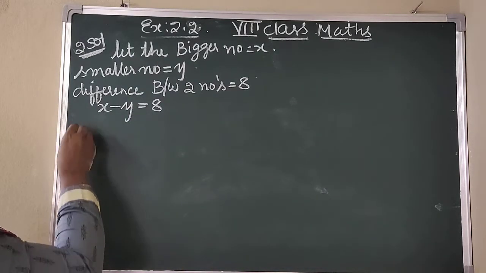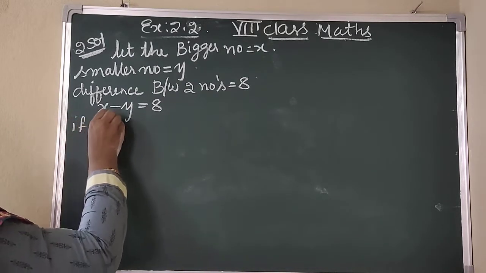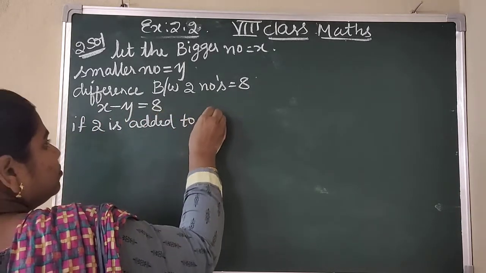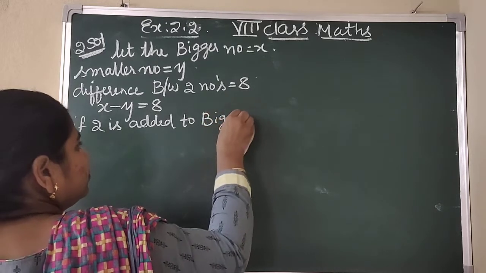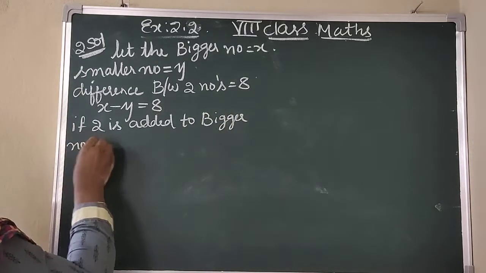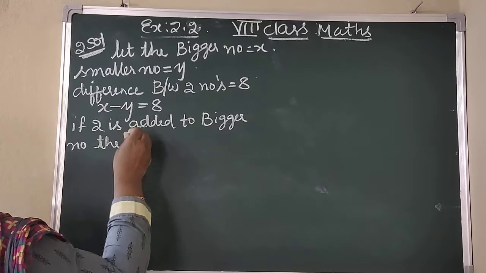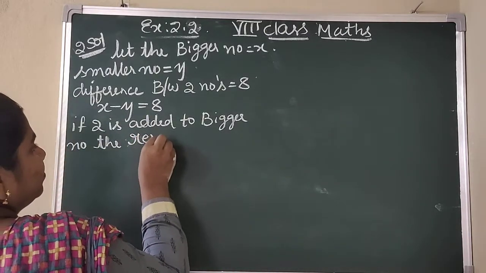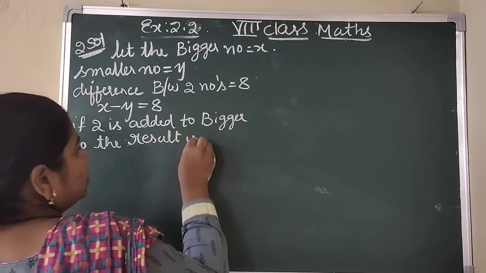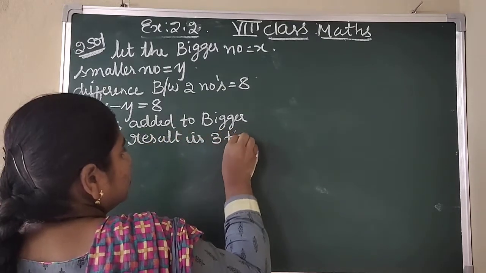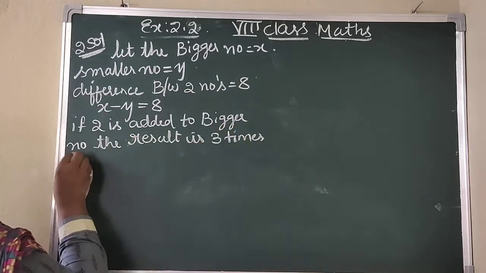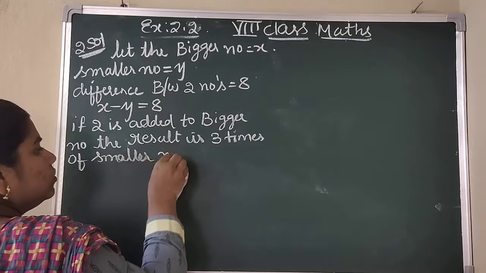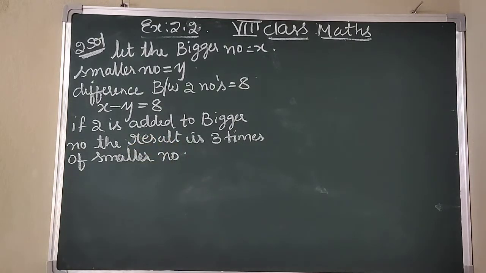If 2 is added to the bigger number, the result is 3 times the smaller number.